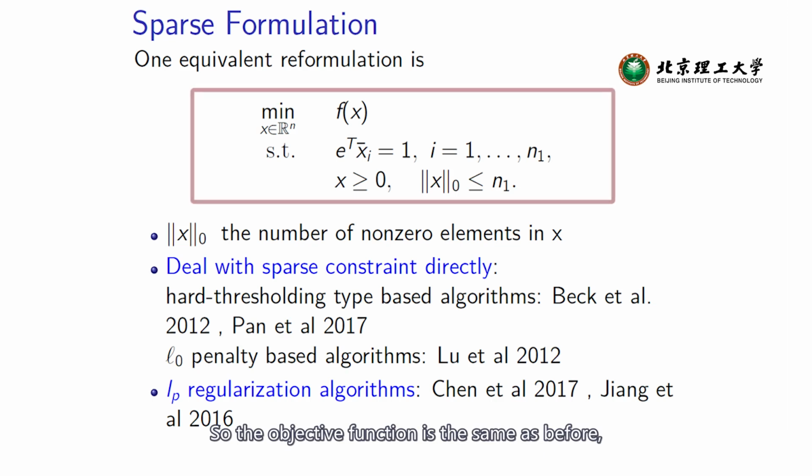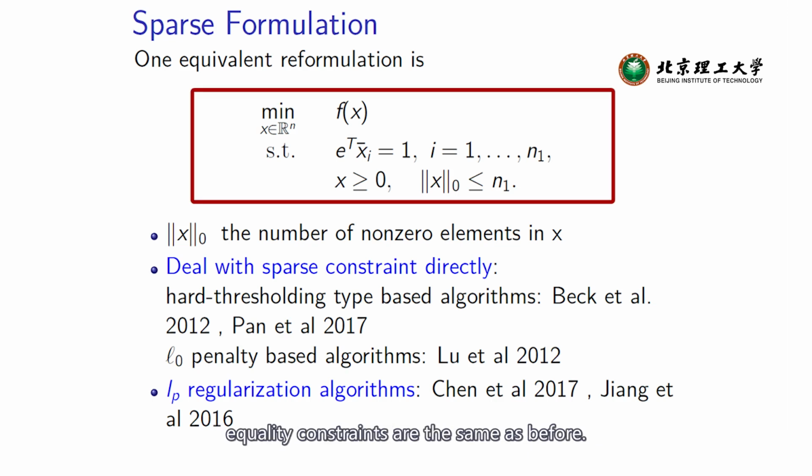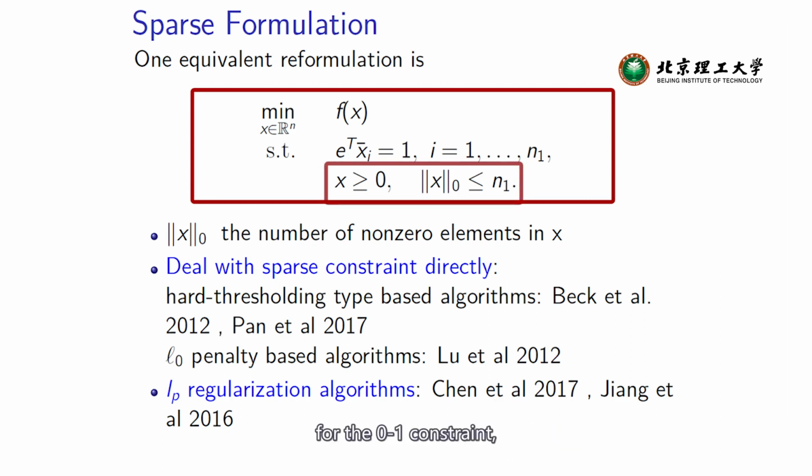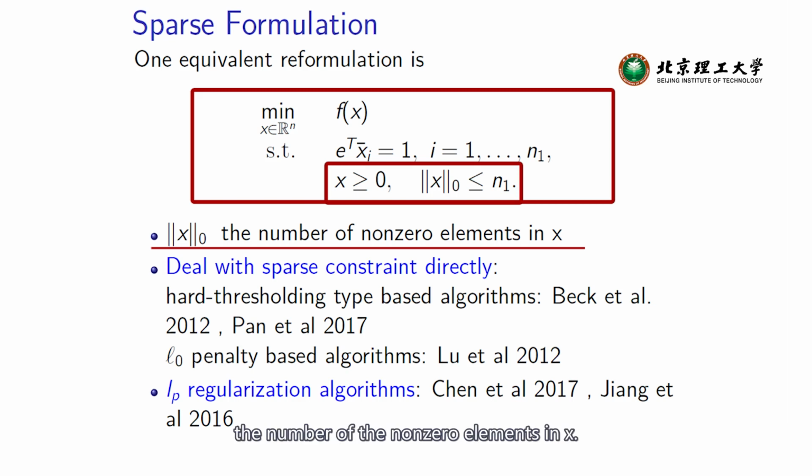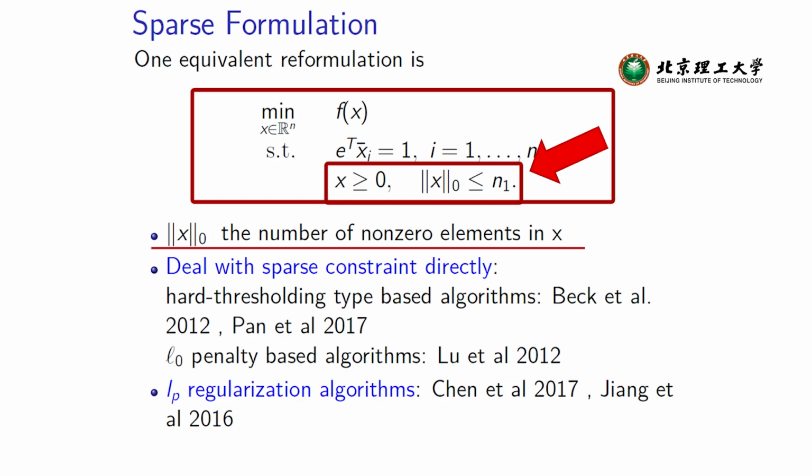The objective function is the same as before. Equality constraints are the same as before. However, for the 0, 1 constraints, we rewrite them as lower bound constraints as well as sparse constraints. The 0 norm here means the number of non-zero elements in x. In other words, this constraint says the number of non-zero elements in vector x should not be greater than n1.